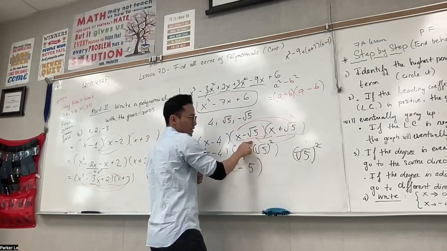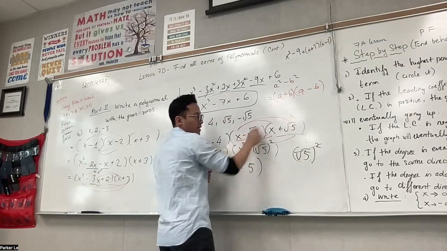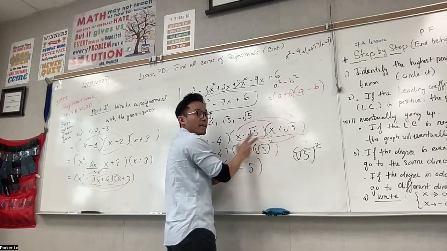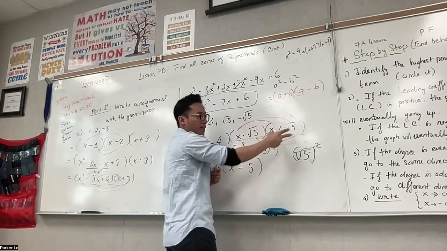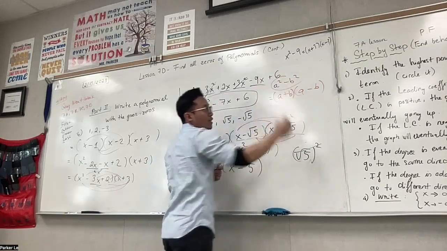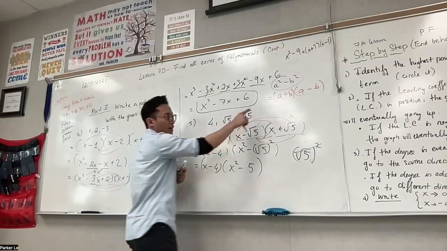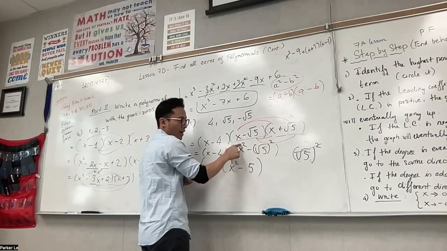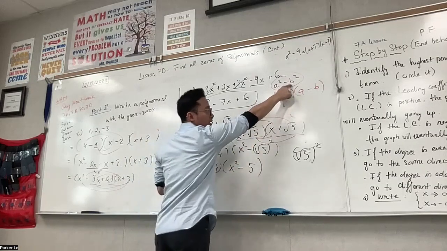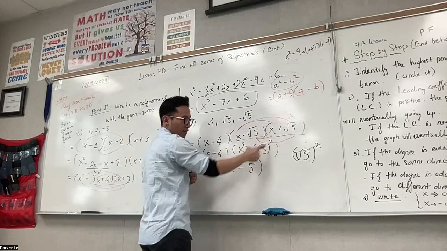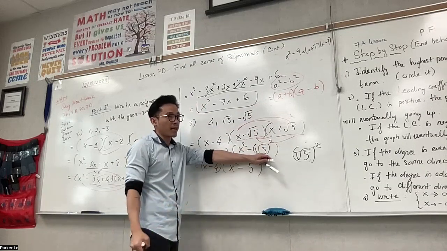So here, look at this: a minus b, a plus b. Two numbers are the same. So when you multiply them, what do they equal? A square minus b square. So what is a? A is the x, the first term. The first term squared minus what is b? The second term, so square root of 5 squared. Are you good now?